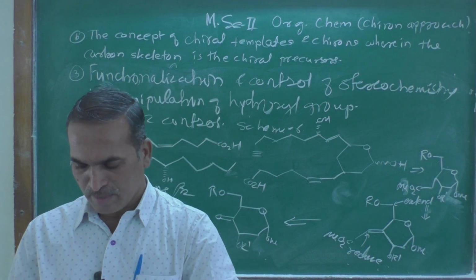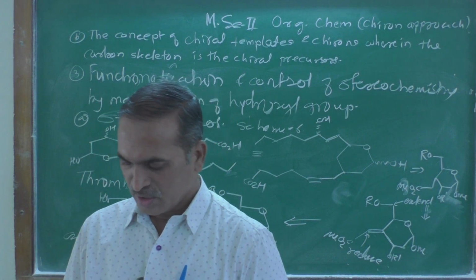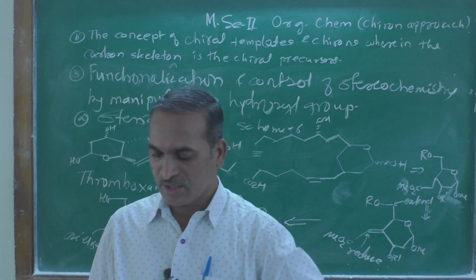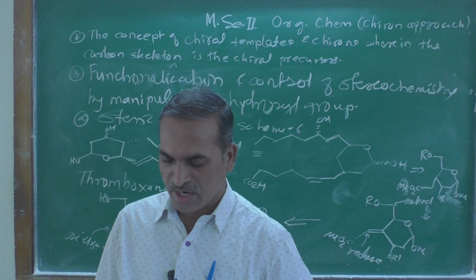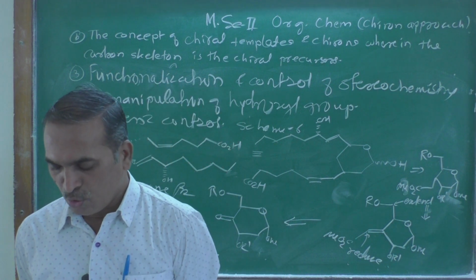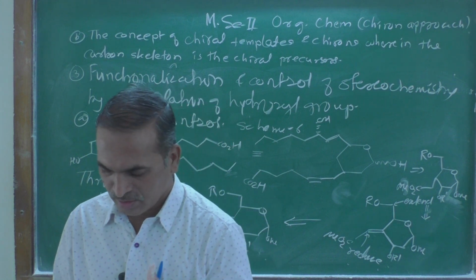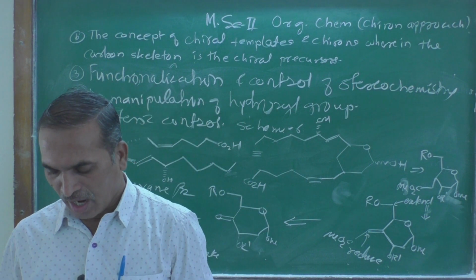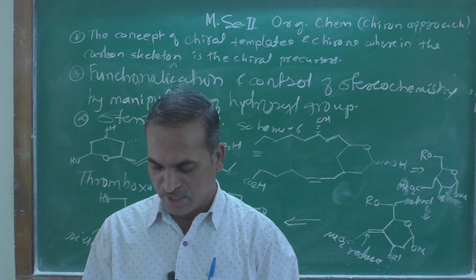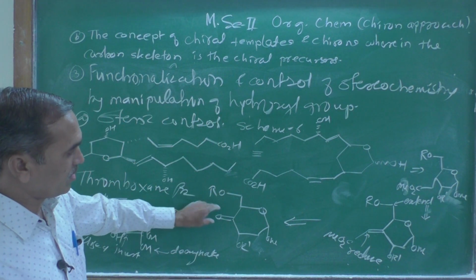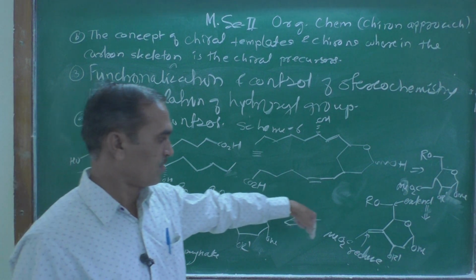So another example of steric control in the introduction of the acetic acid side chain is in thromboxane B2, which is a drug chemical precursor. Hydroxylation of the olefinic intermediate, this carbon-carbon double bond, by using a Wittig reagent, we can insert here.